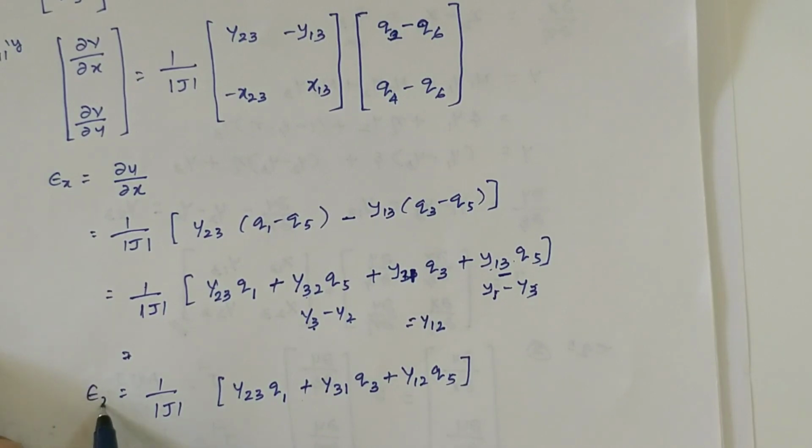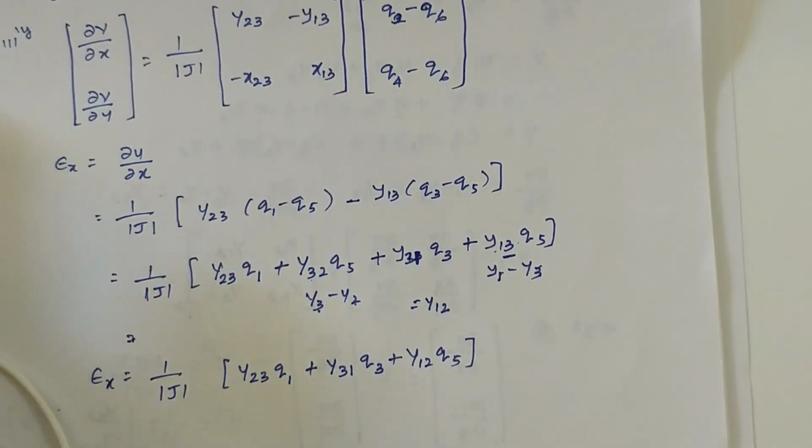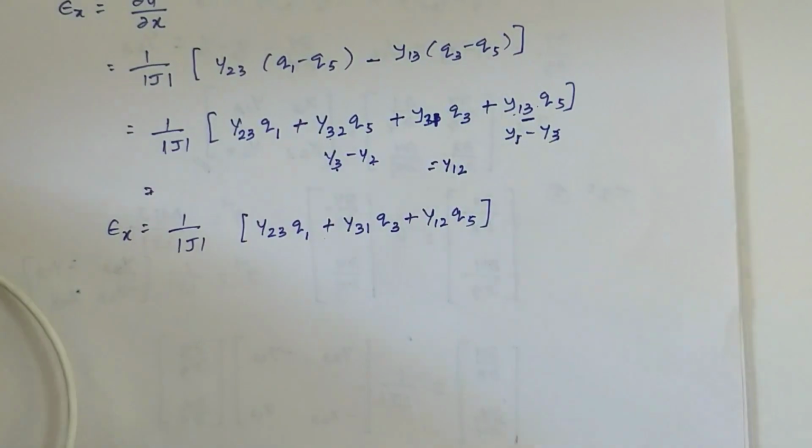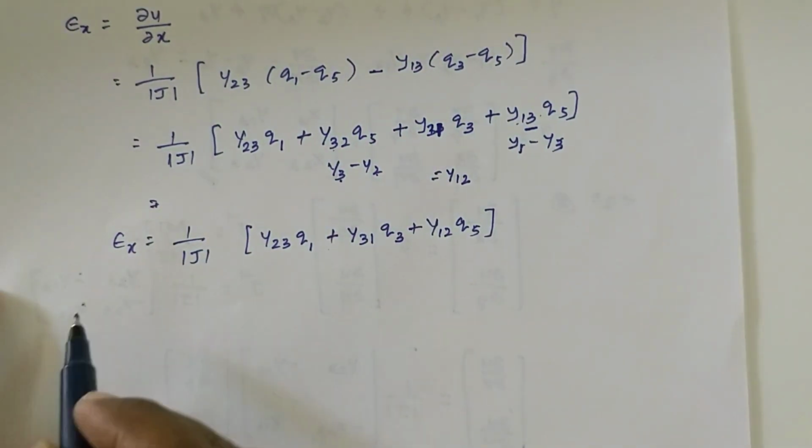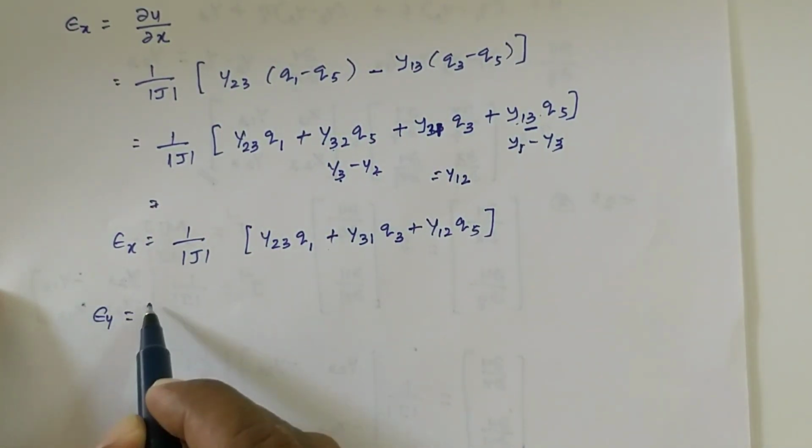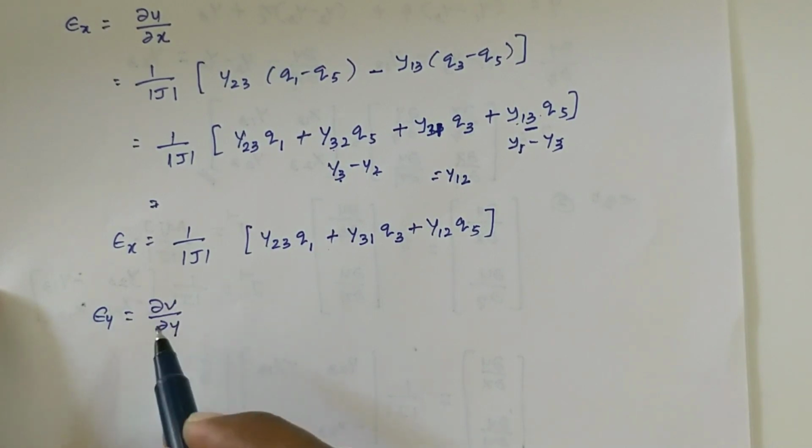This is epsilon x. Now similarly we have to write for epsilon y, which is dou v by dou y.